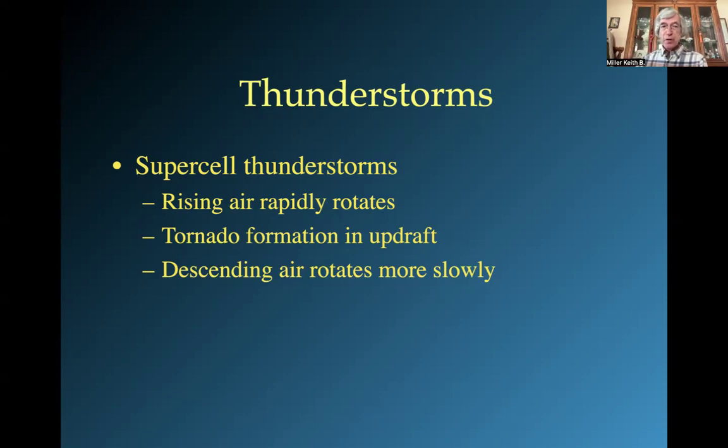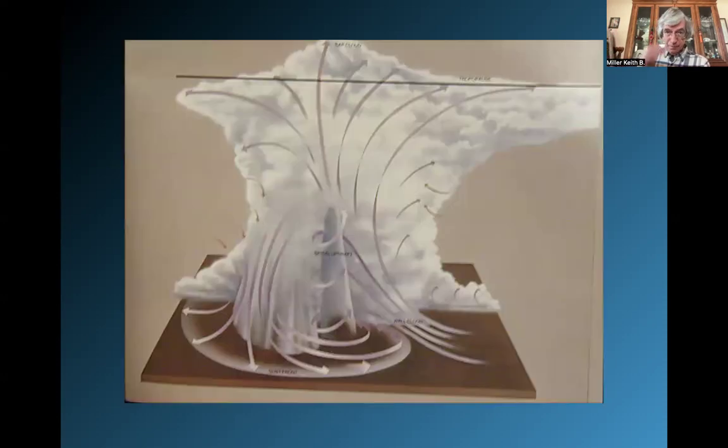So the rapidly rising air is rotating, and often very quickly. Where that intense updraft is, is where you can have a tornado. And then the descending air also rotates, but more slowly.